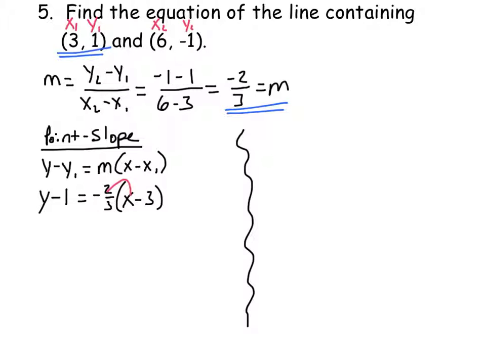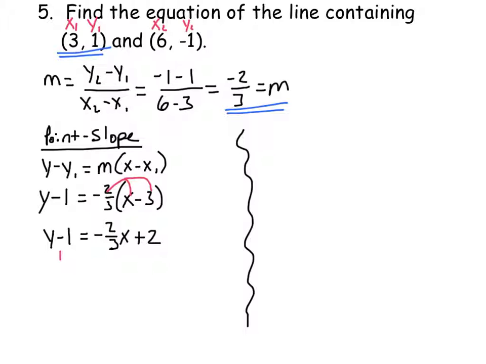We have to distribute the -2/3, which gives us -2/3 x. And now what's -2/3 times -3? Positive 2. A negative times a negative gives us a positive.